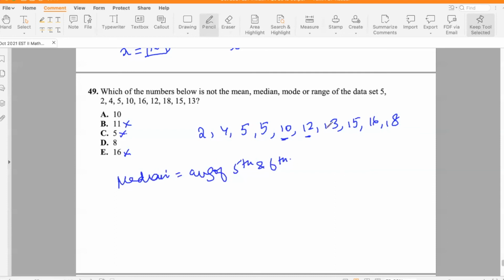And 13, 51. Okay, I'll just write that. And then 15 and 16 is 31, and 8, 39, and 10, 49. Right. So this is 100 by 10. So the mean is 10. Yeah, so the answer is 8.